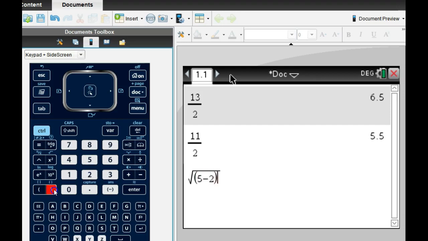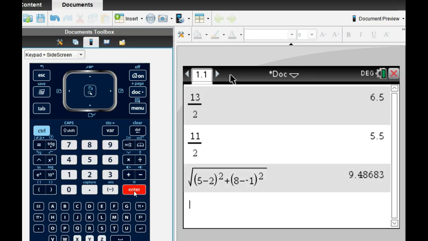Five minus 2 parentheses squared plus negative 8 minus 5 parentheses squared. Plus 8 minus negative 1 parentheses squared. There we go. Okay, 9.48.